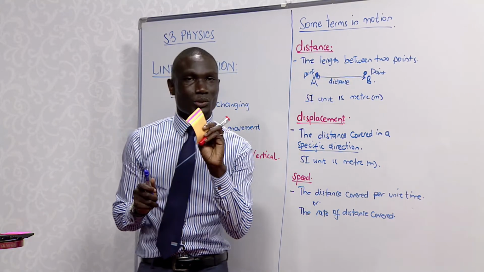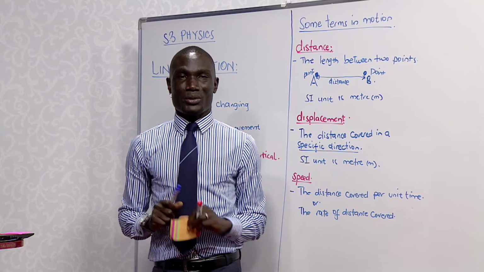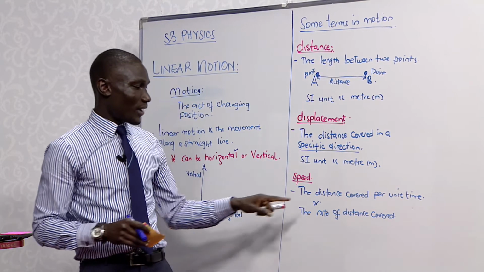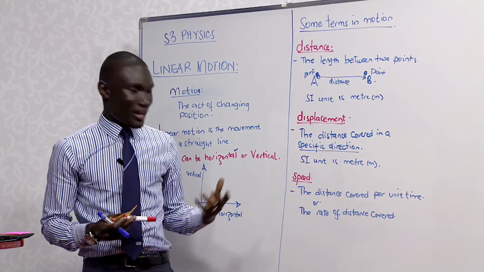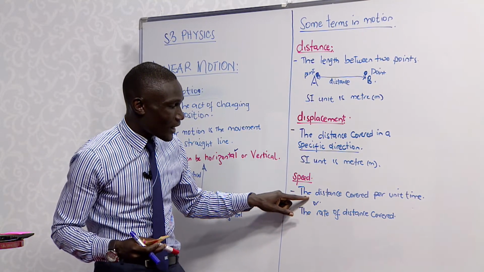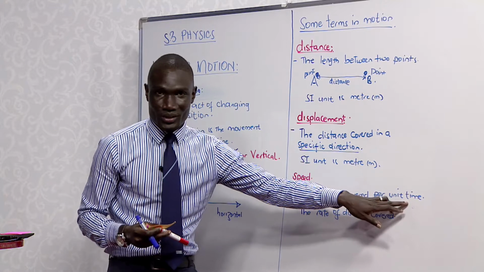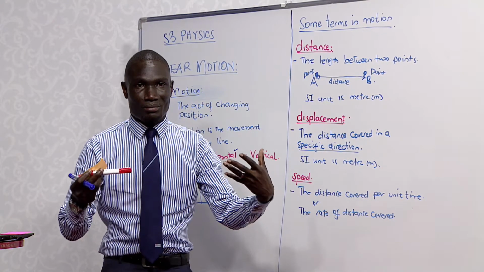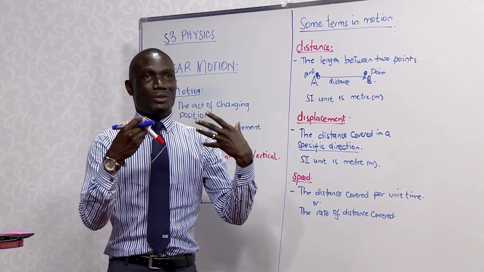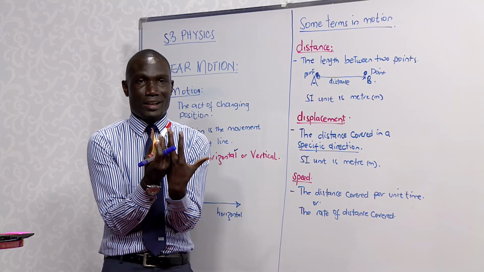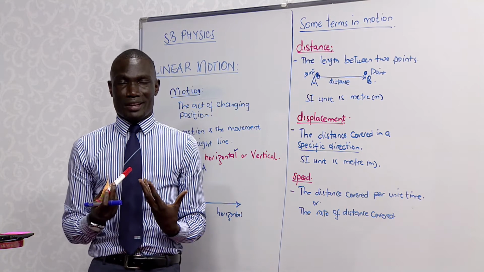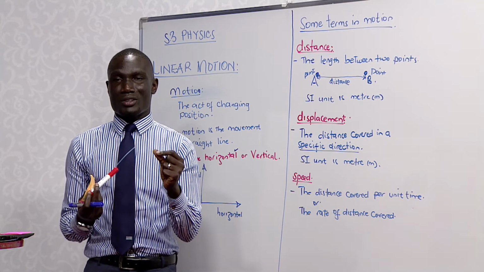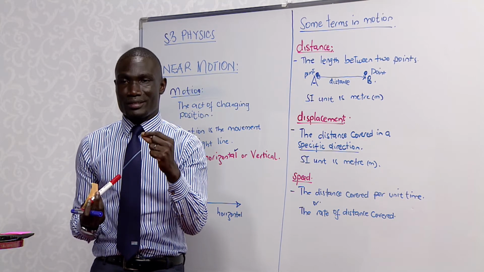Now I need to explain something here, very important. When you look at the first definition, we are talking about speed as the distance covered per unit time. We look at the distance you have covered and the time you have taken to cover that distance. When we do that, we shall be talking about the speed.